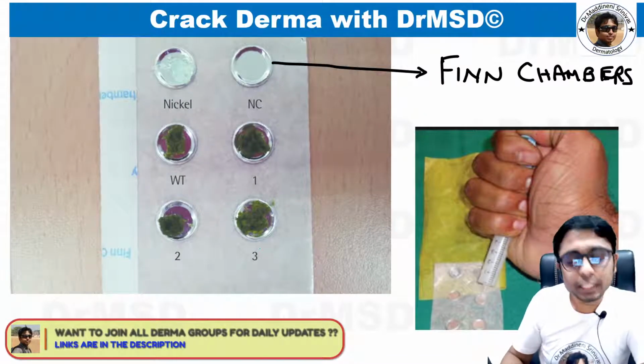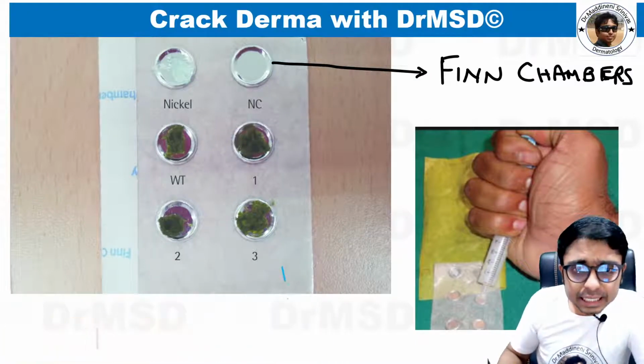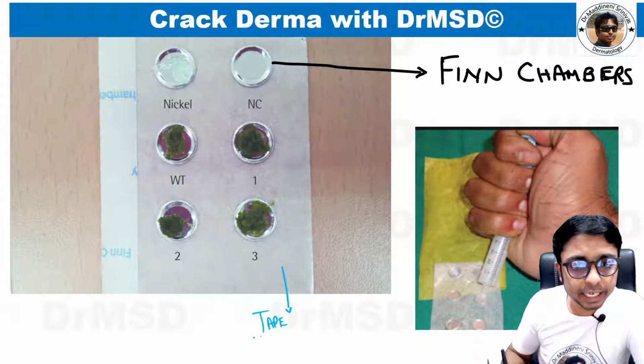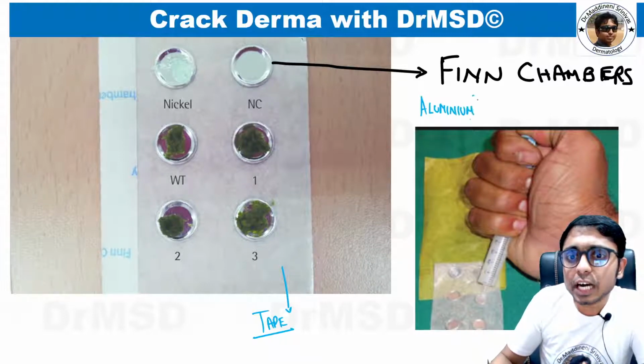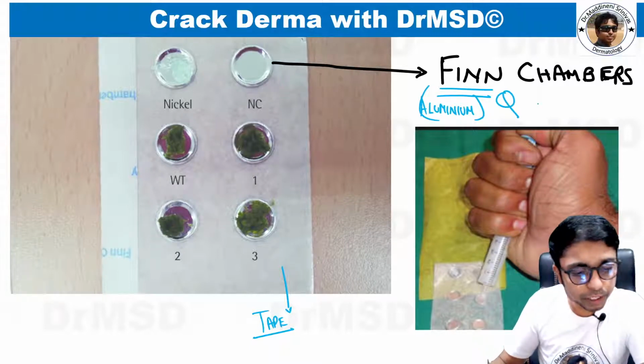And in this patch test, what we are actually going to do is, you can see this is a hypoallergenic tape which will consist of aluminum chambers, which are called pin chambers. Very important, this could be a potential MCQ in the future.